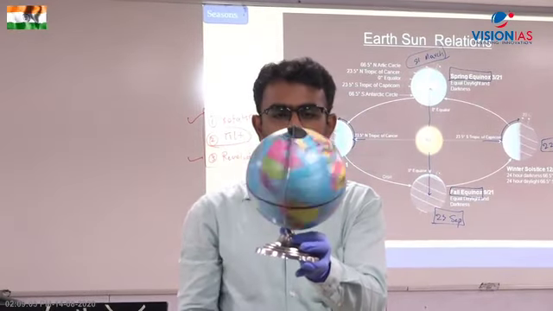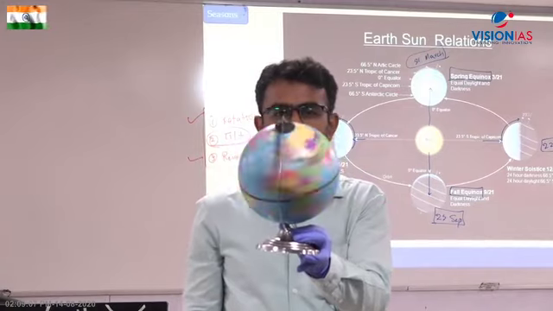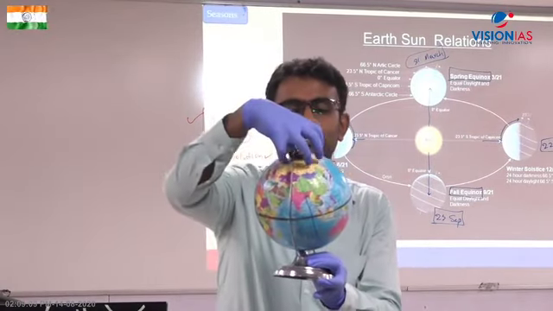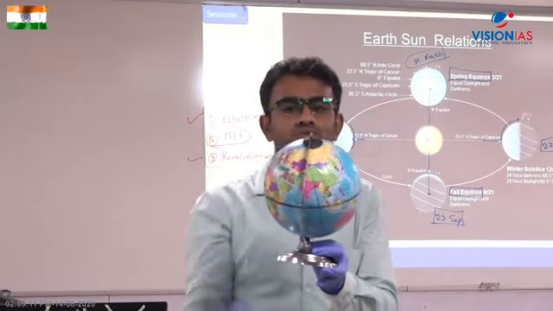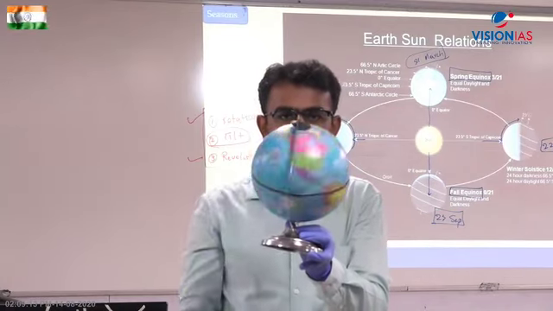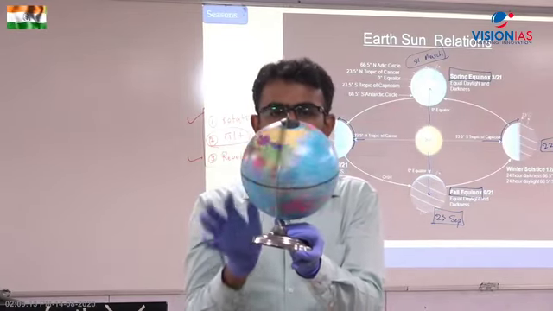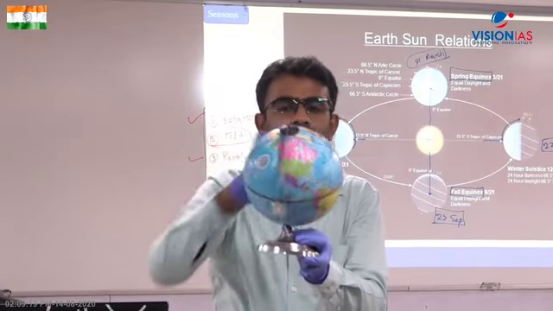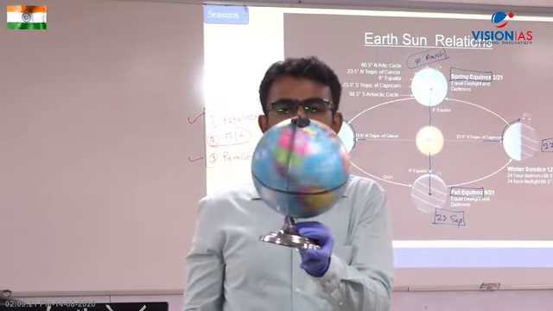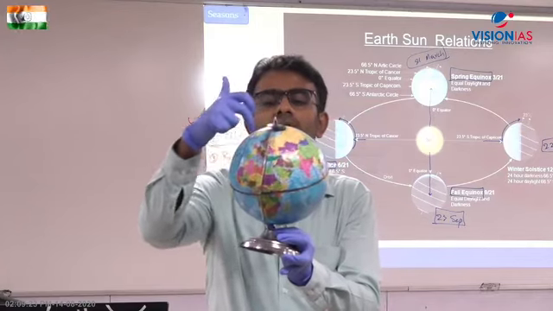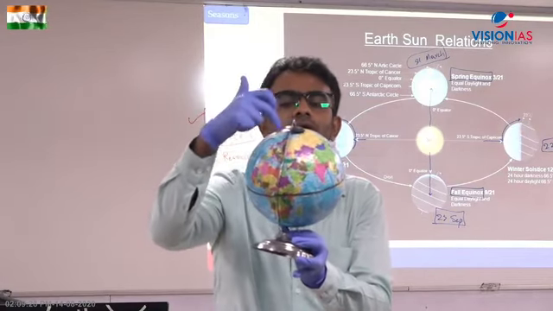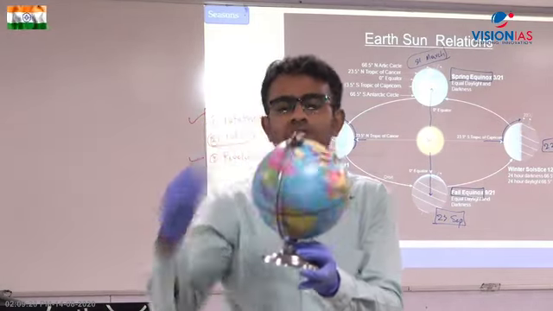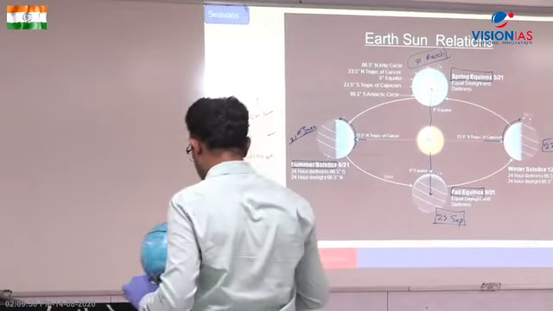With a complete 360 degrees of rotation, this portion is always exposed towards you. You can see this portion even with 360 degrees of rotation. Beyond 66.5 degrees, this portion is always visible. Let me just mark it, then you will understand.